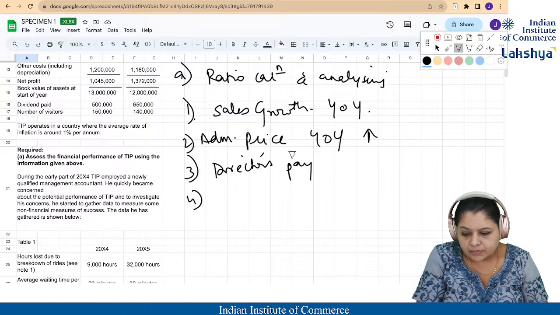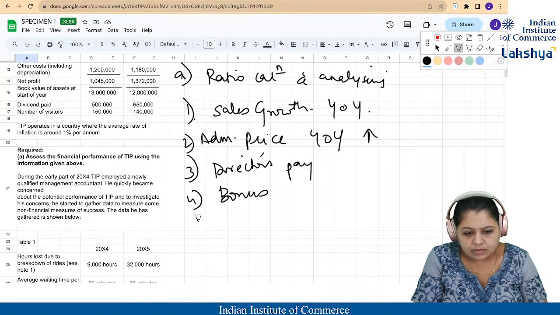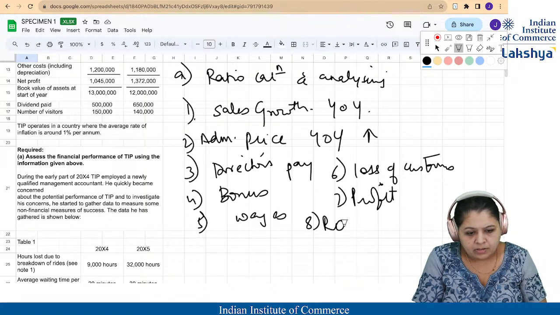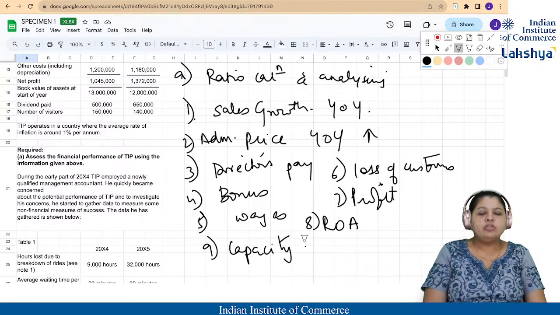Then we can look at the bonus, look at the wages, loss of customers, the profit that it is making, the return on assets, and lastly, the capacity, right? All these ratios we can find out.